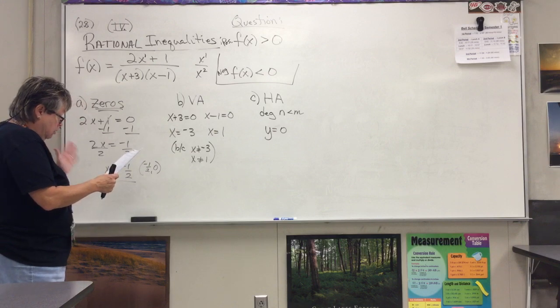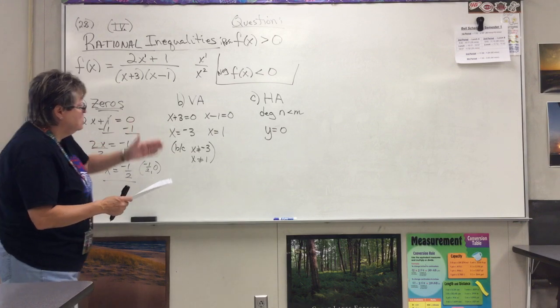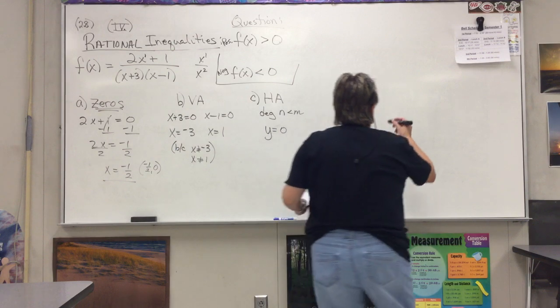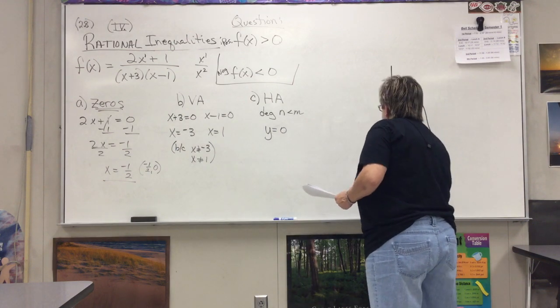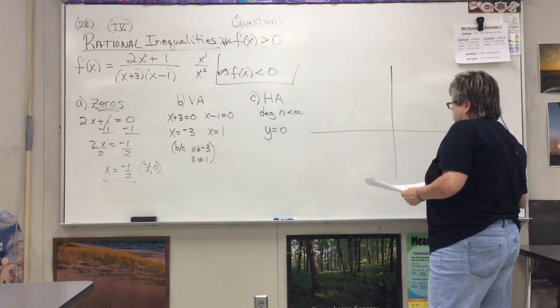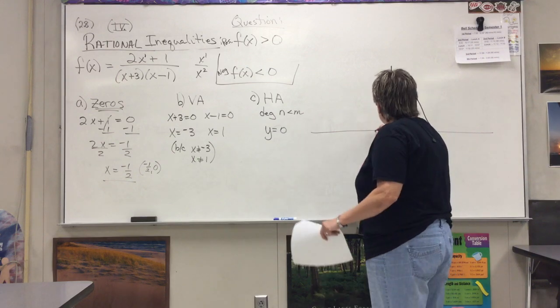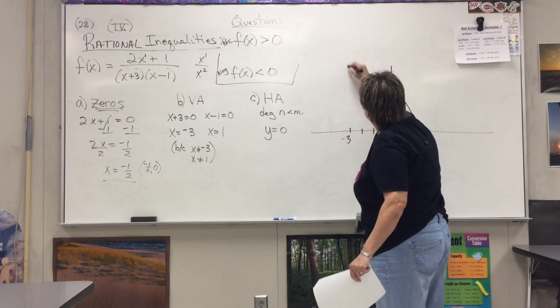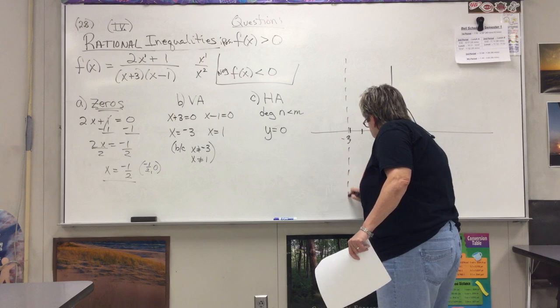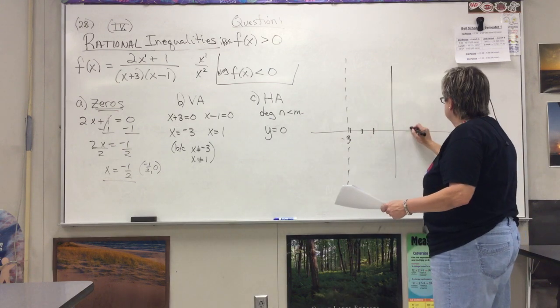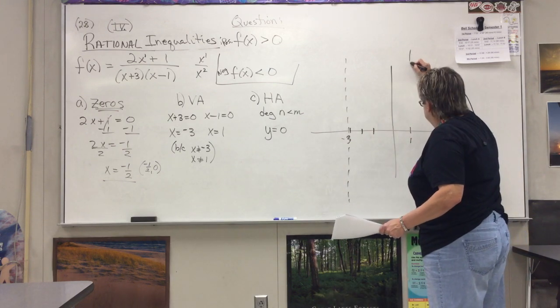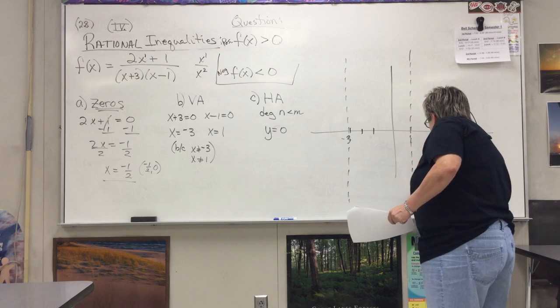Okay, so from here, why don't we take this information and see if we can get together a little bit of a graph? Okay, and thinking what we've got here. So at -3, we have a vertical asymptote. At +1, we have a vertical asymptote. Okay.